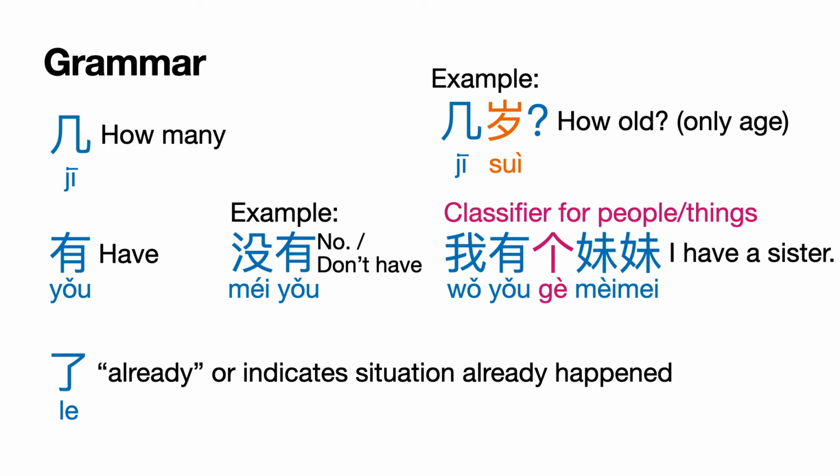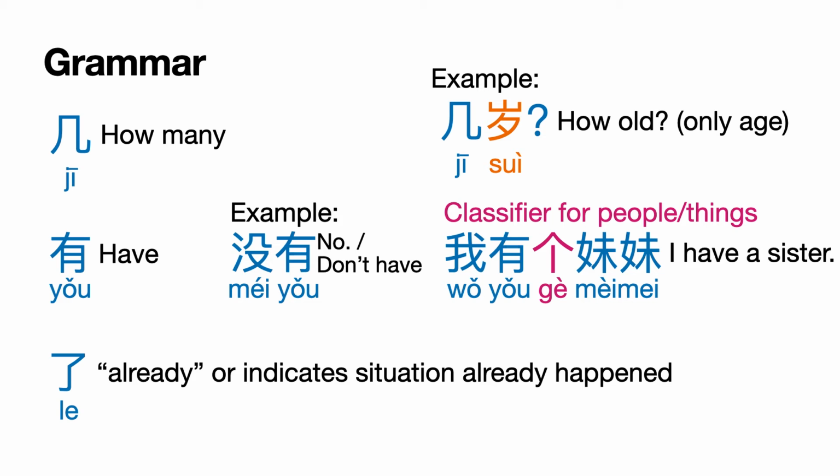Now some grammar. 几, how many or how much. For example, 几岁, how old. Remember that this term is used to ask people's age.